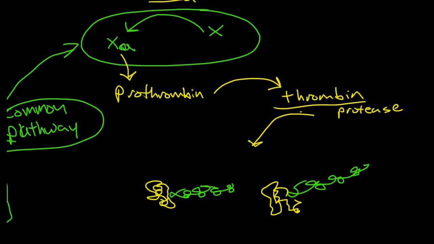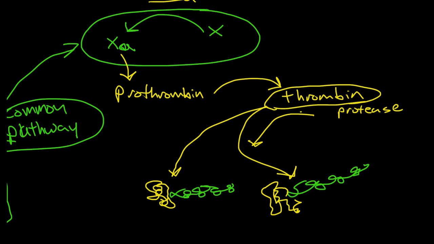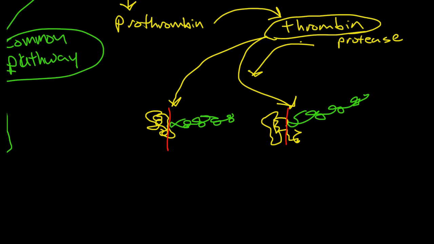And what thrombin does is it cleaves this fibrin. That means it breaks it into two, and what is exposed here is a receptor where fibrin can bind to itself.